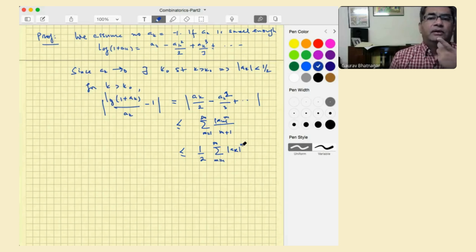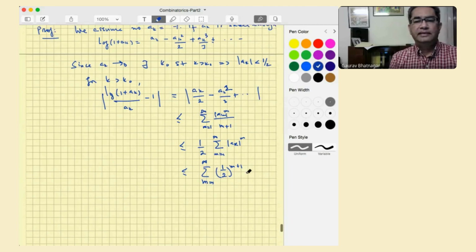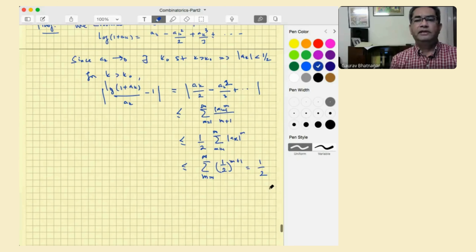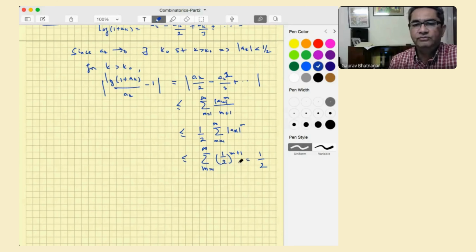Yeah, so certainly 1 by 2 is bigger than 1 over m plus 1. And now we assume that all of them are less than or equal to 1 half. So this is 1 by 2 raised to the power m plus 1. So it's 1 by 4 plus 1 by 8 and so on. You get 1 by 2.